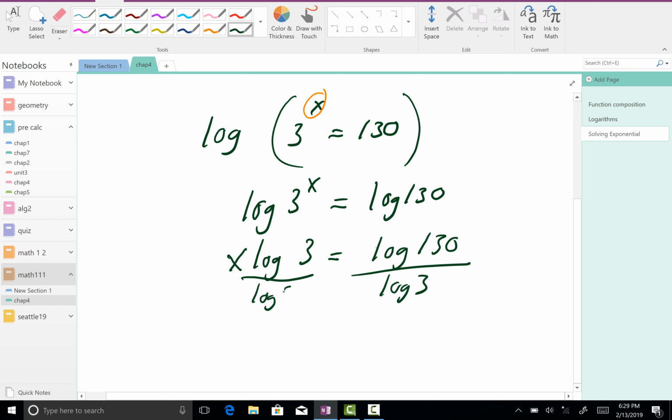So even if we had something like, here, let's do this. All right, so we have something like that. We're just going to take the log of both sides.